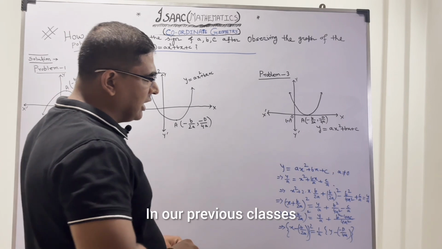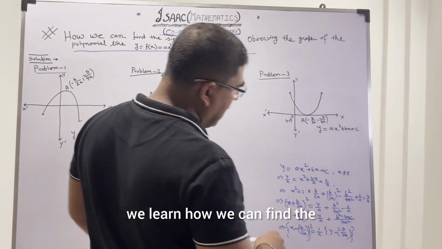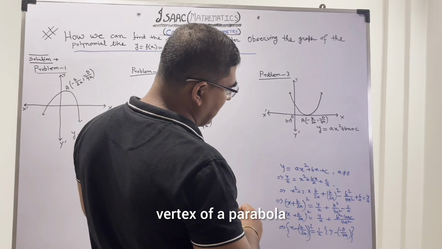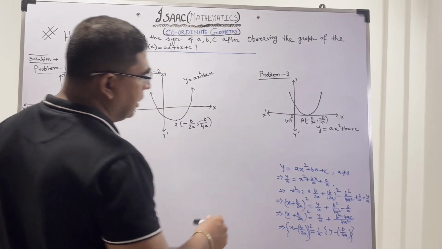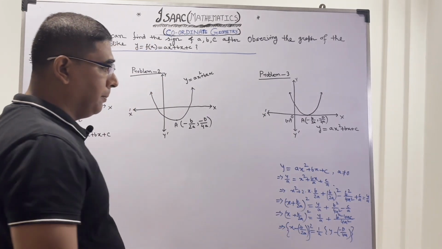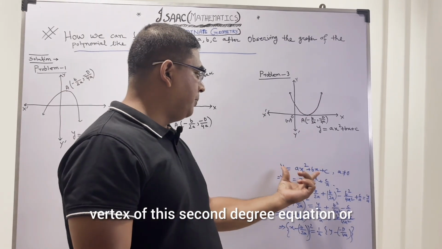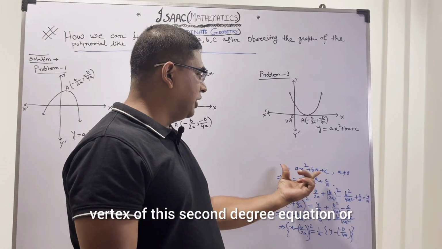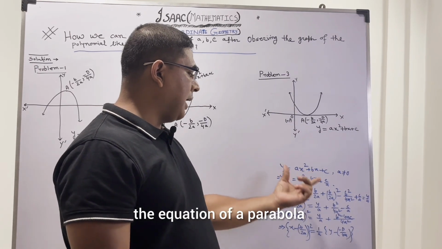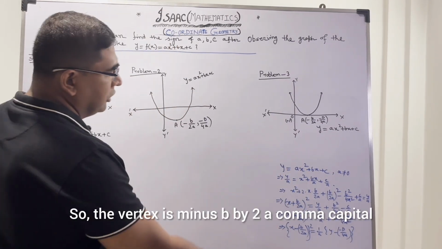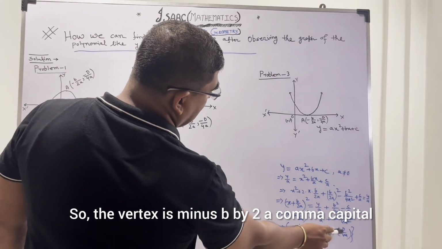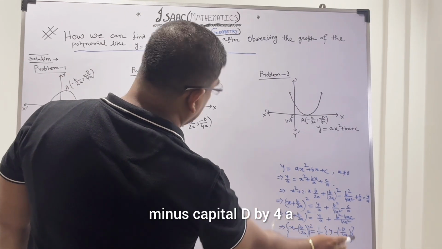In our previous classes we learned how we can find the vertex of a parabola. So by this way we can find the vertex of this second degree equation, or the equation of a parabola. The vertex is minus b by 2a comma minus capital D by 4a.